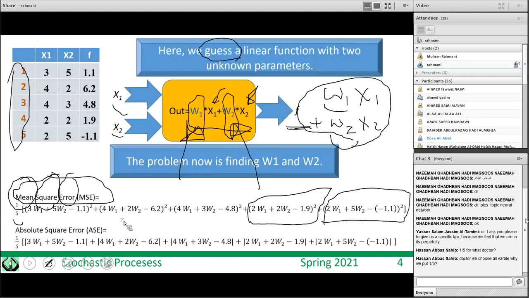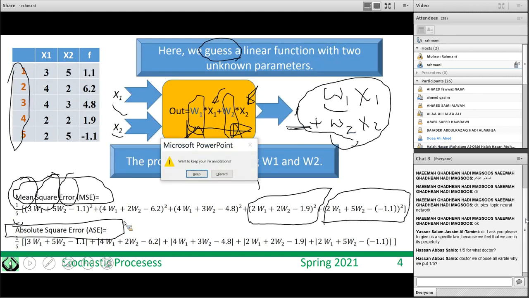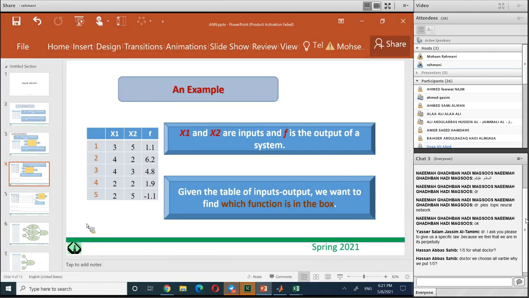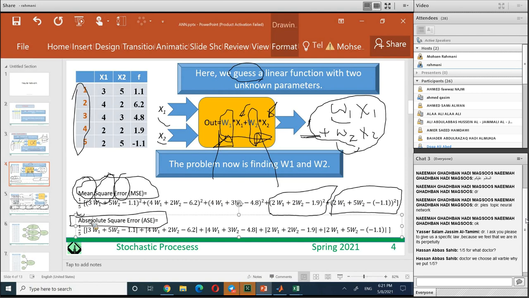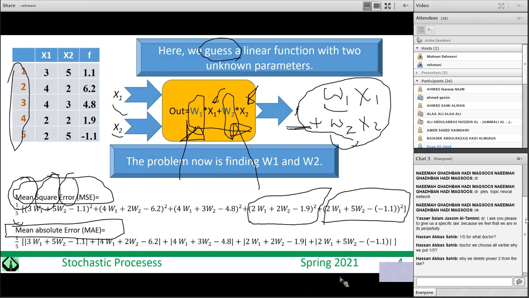Mean absolute error. Okay, now we have another error function, which is mean absolute error.